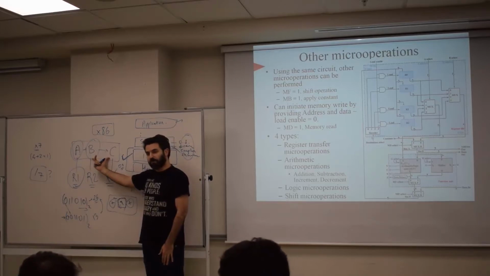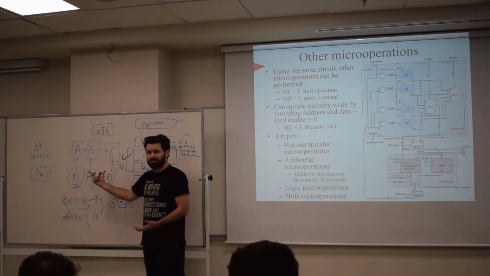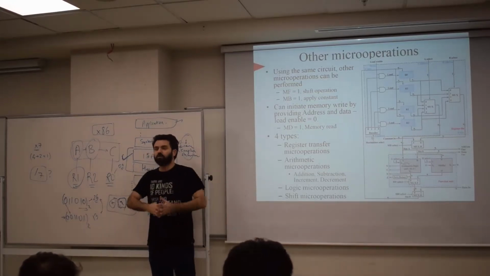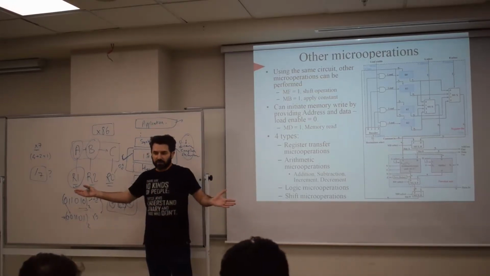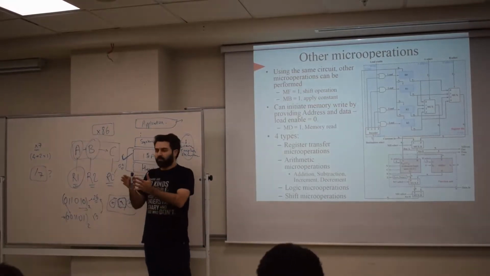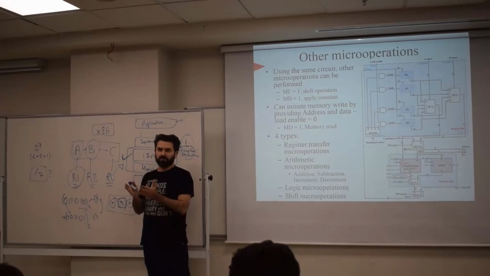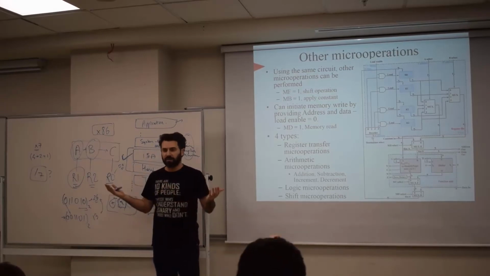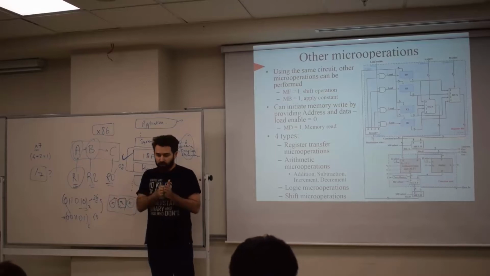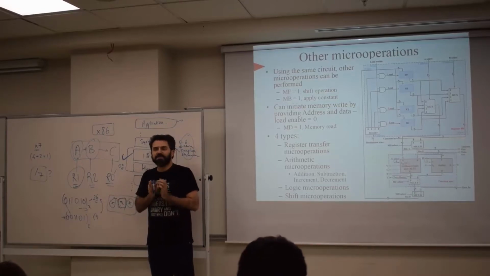But that doesn't really mean I'm going to use 16 bits for the control. Control could be any number of bits. That depends on your design. When you get, for example, 16 bits, you're going to translate that 16 bits to, let's say, 30 bits. Each one of the bits in your control, I'm going to call it control word, by the way, means something.